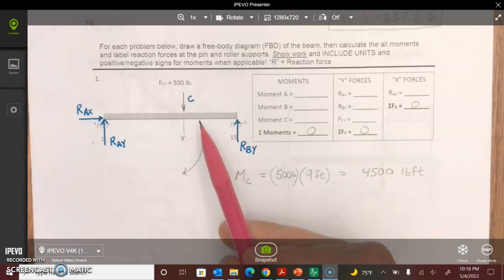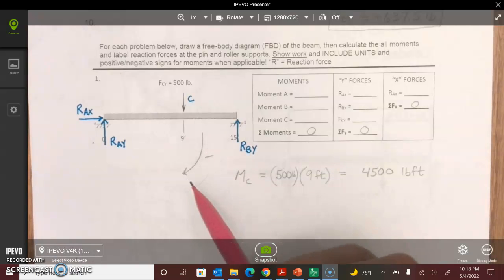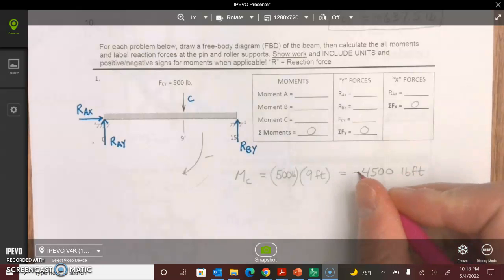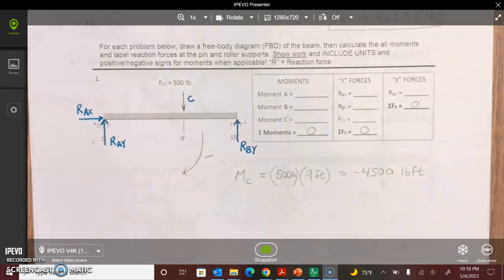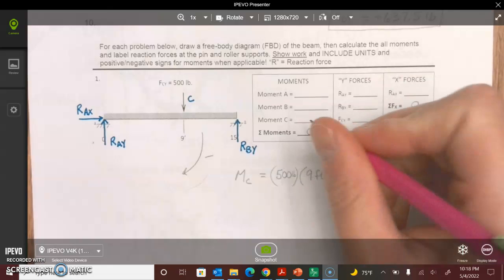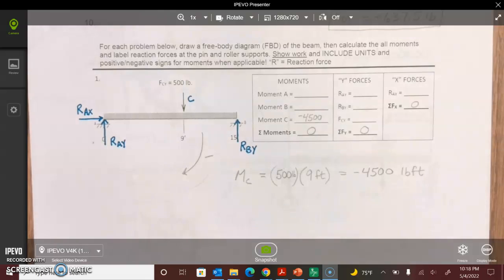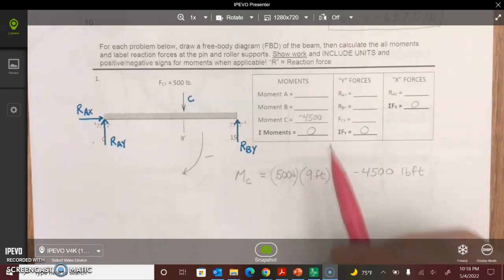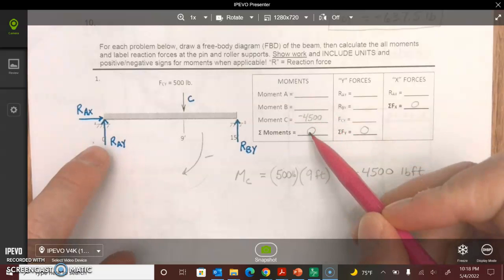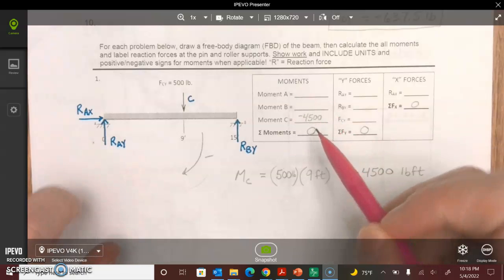But we said that this is going to cause a negative, or clockwise, rotation, so we're going to call that negative 4,500 foot-pounds. So moment C is giving us a negative 4,500 foot-pound moment. From there, remember, the moments A, B, and C have to equal 0.